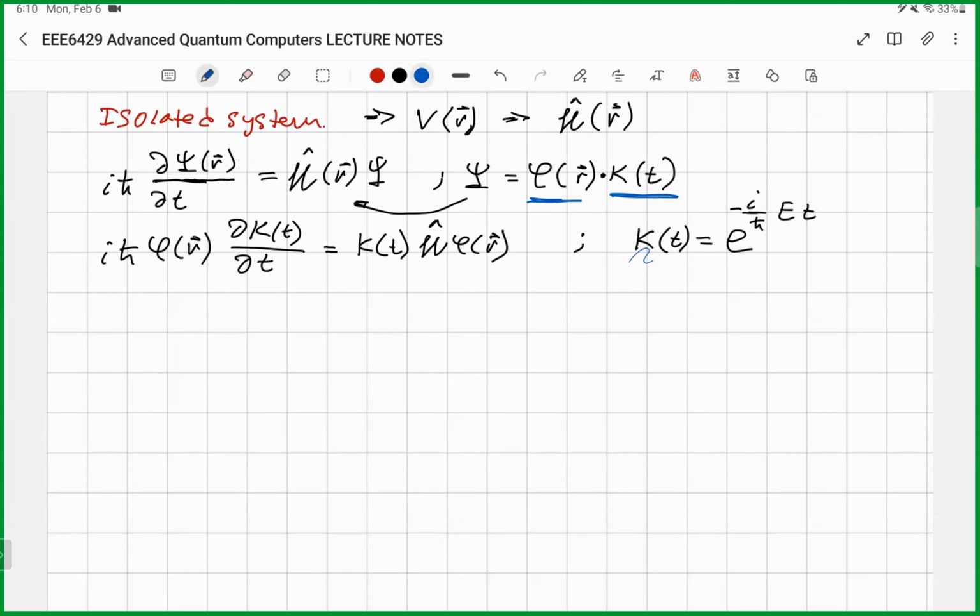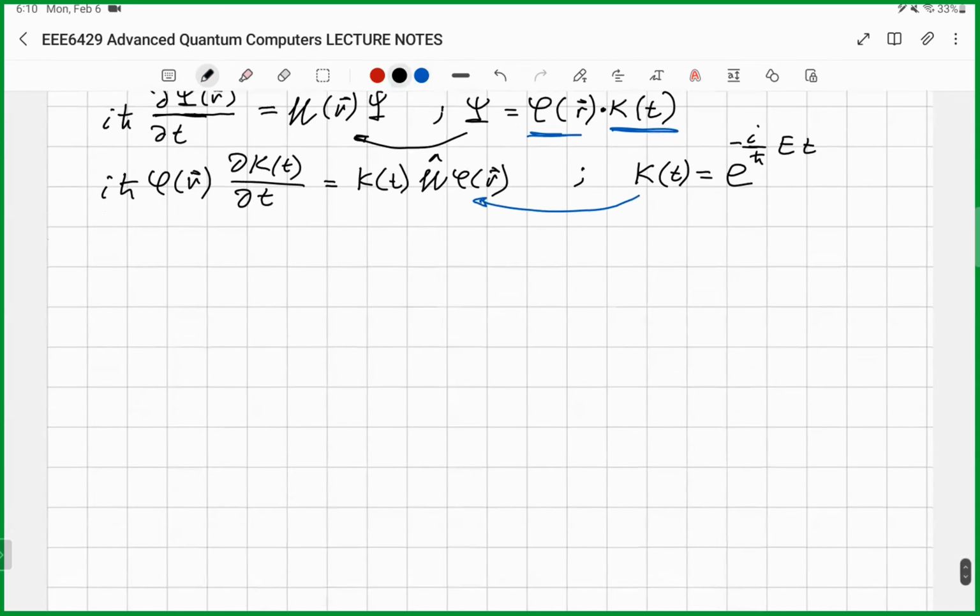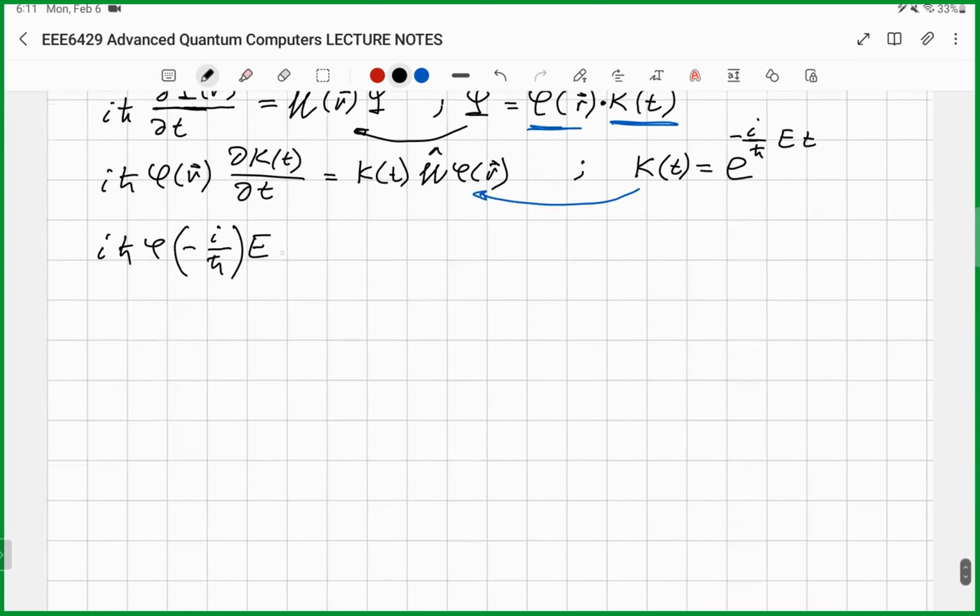And plug this ansatz into this equation. So what do I get? I get i h bar phi, then minus i over h bar E, then the function kappa itself, because this is an exponential function, right?